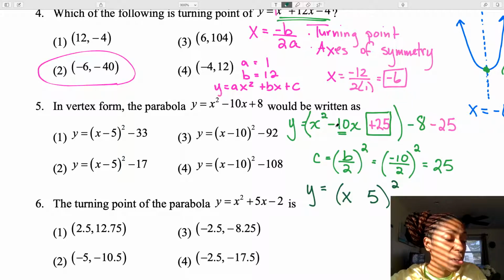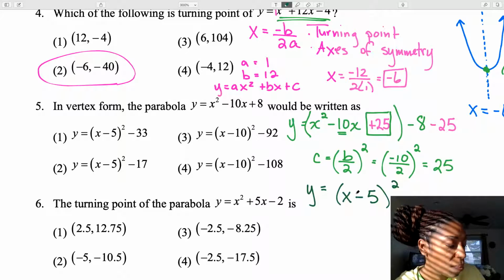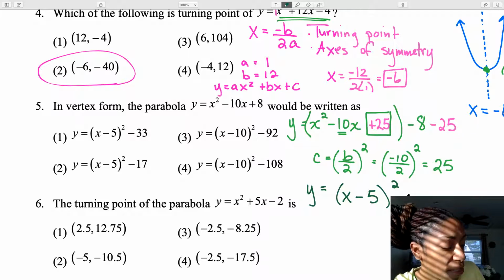Well, our middle term is negative 10, so we must have had a negative 5. So x minus 5 squared equals x squared minus 10x plus 25. And then what is negative 8 minus 25? It's negative 33.